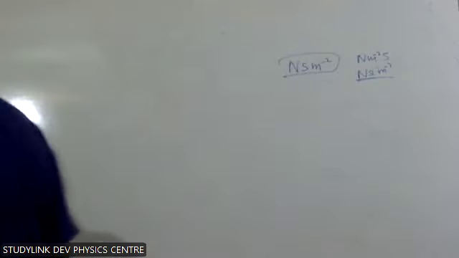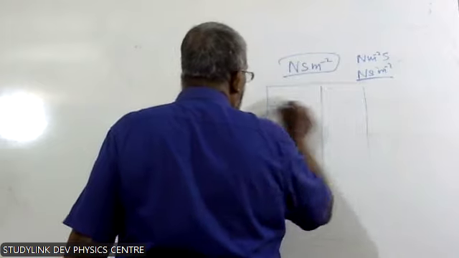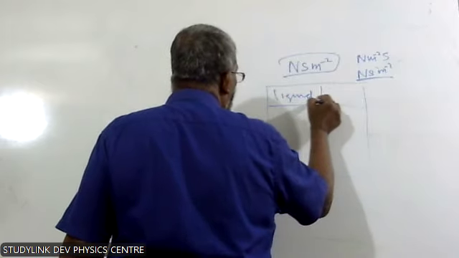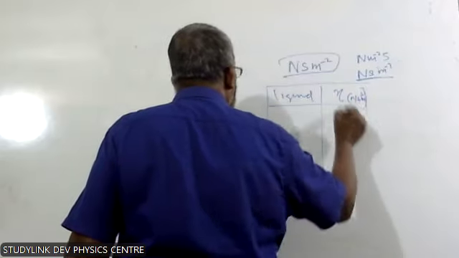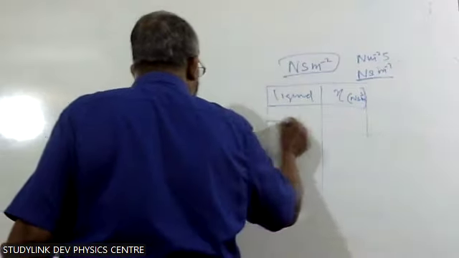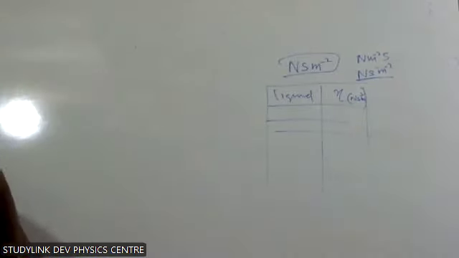You should have two columns: liquid and eta in N s m minus 2. First one, benzene, 0.7 into 10 to the power minus 3.